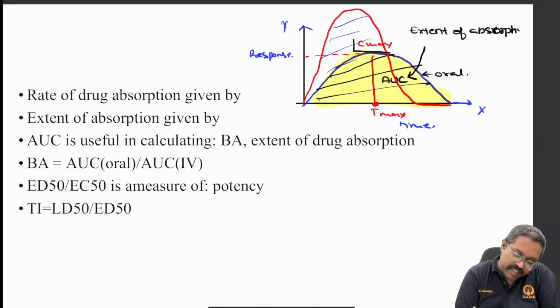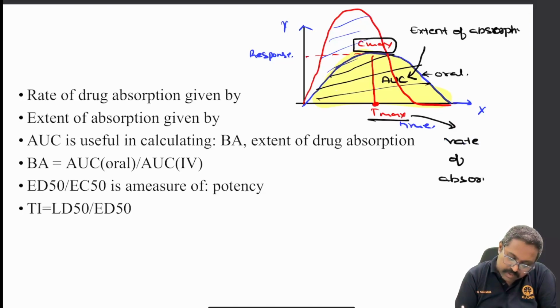Whereas Cmax will tell you about the maximum or peak concentration of the drug that has been attained after administration. Tmax will tell you about the rate of drug absorption. Is that clear? So let us write again.